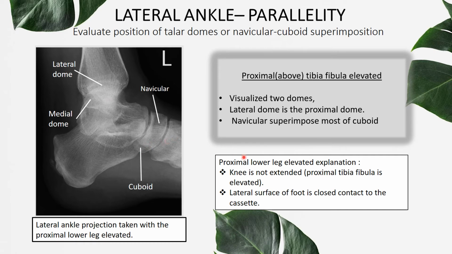This is the explanation of the proximal lower leg elevated: the knee is not extended, which means the proximal fibula is elevated, not in the same horizontal line, so the lateral surface of the foot is in close contact with the cassette.